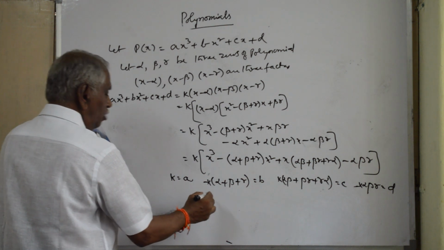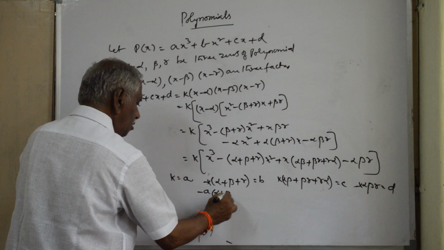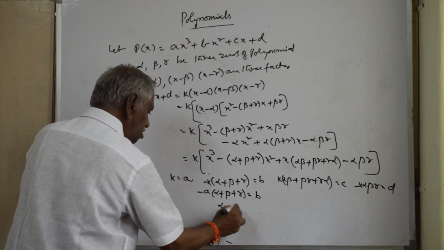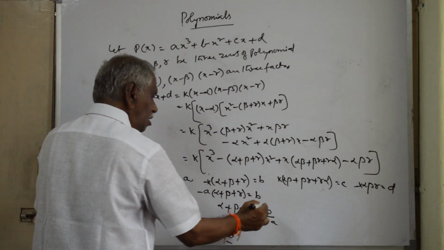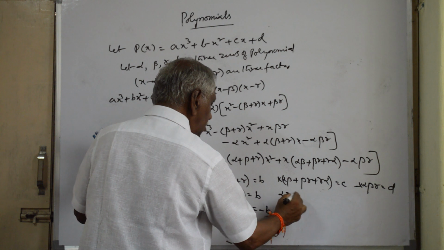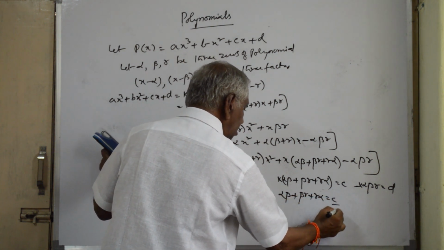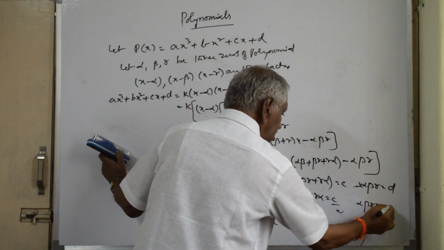When k is equal to a, you can say minus of a into alpha plus beta plus gamma is equal to b, or alpha plus beta plus gamma is equal to minus b by a. And similarly, alpha beta plus beta gamma plus gamma alpha is equal to c by a, and alpha beta gamma is equal to minus d by a.